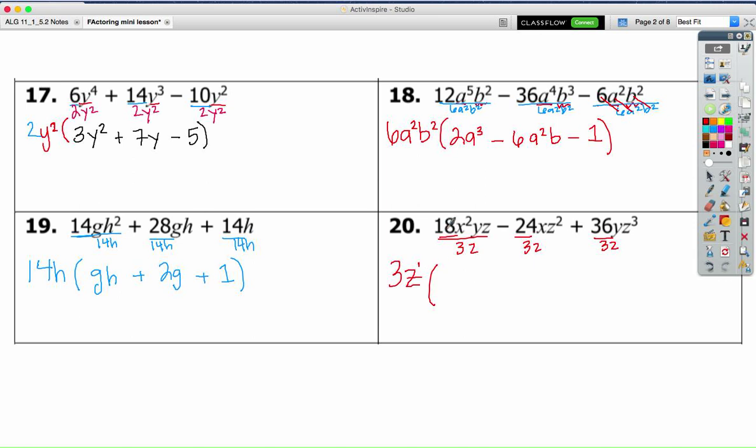So if we divide everything by 3Z, we would be left with 18 divided by 3 is 6, x squared y, minus 24 divided by 3 would be 8xz, plus 36 divided by 3 should be 12.